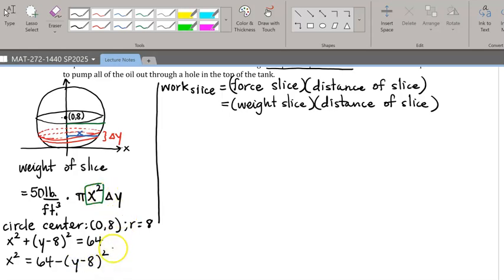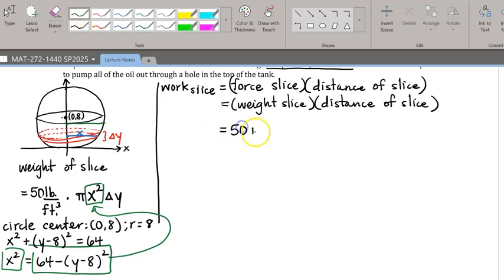I'll use that instead of x squared when I go to write the weight of the slice. So we now have an expression for the weight of the slice. The weight of the slice is 50 pi, we got the 50 and the pi, and instead of x squared, I'm writing 64 minus (y minus 8) squared, which is the same thing as, when we expand that out, negative y squared plus 16y.